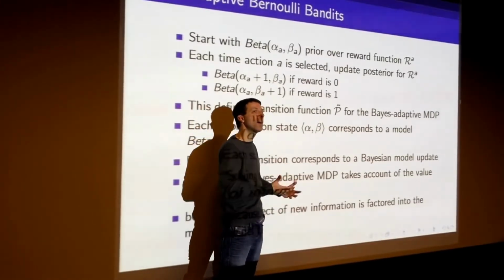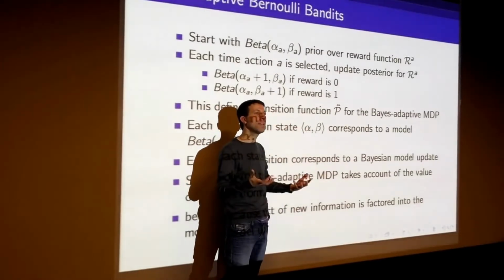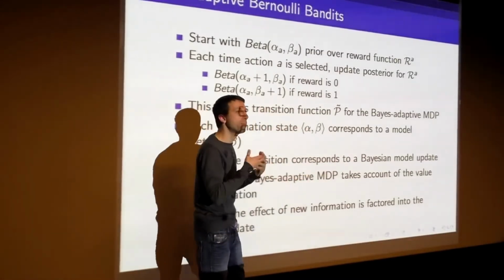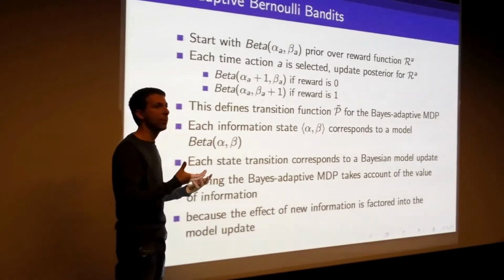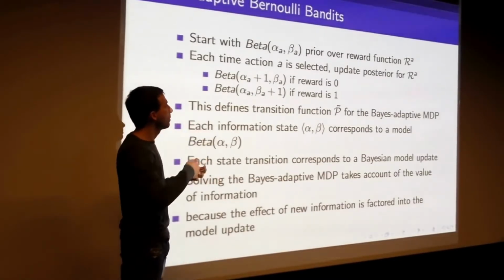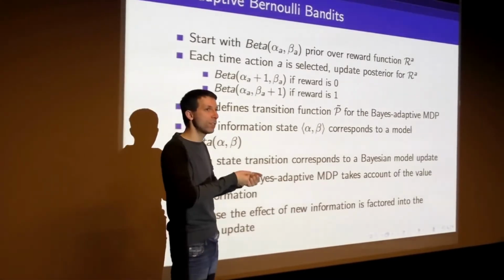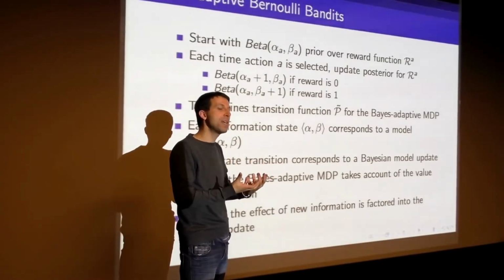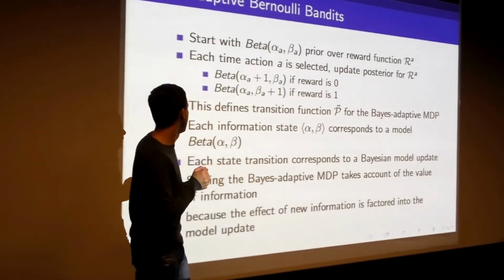So the states of our information state MDP are, in this case, beta distributions. We use the posterior of how good we think each of these drugs is as the state of an MDP, and we solve for that MDP.